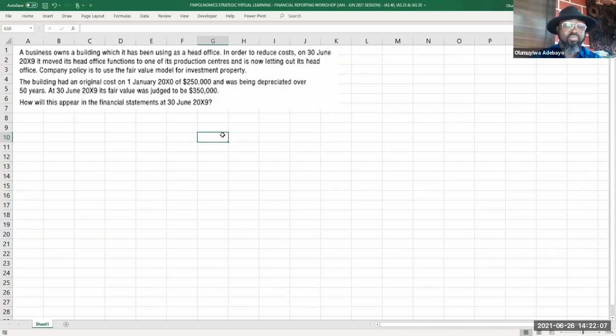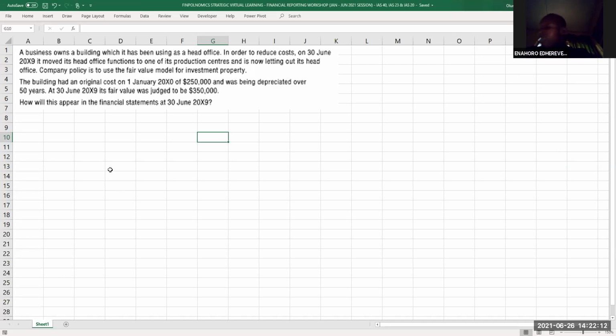Okay, so what we did was to look at, number one, the property was depreciated up to 30th of June 20X9. It was purchased on the 1st of January 20X0, and it was carried under IAS 16 using the revaluation model, and it was depreciated for 9.5 years.